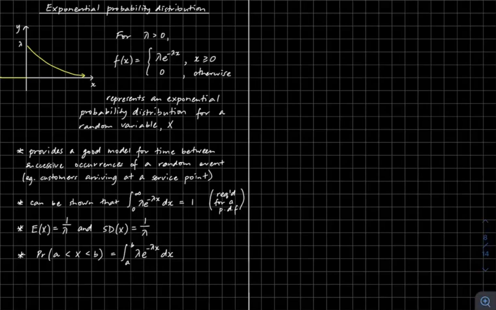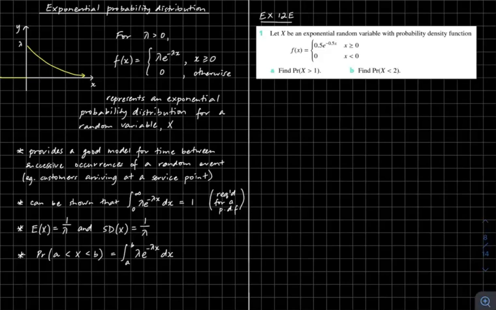Alright, so let's now look at a specific example where we've got a particular value for lambda and consider how we can calculate some probabilities for that variable. Here we are with a question where x is an exponential random variable with the probability density function as shown here.